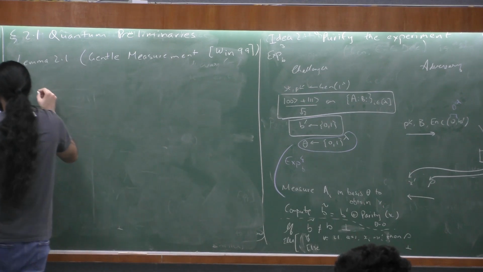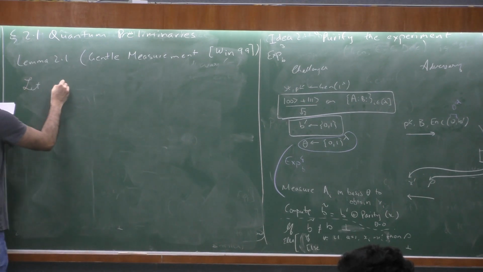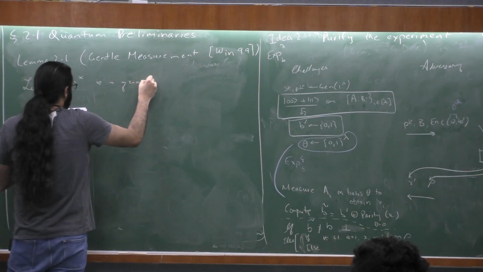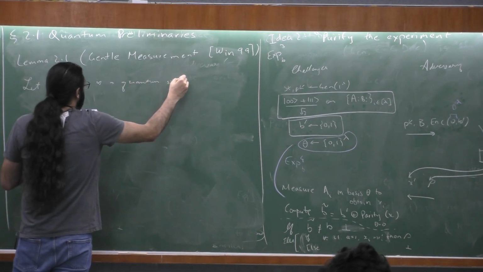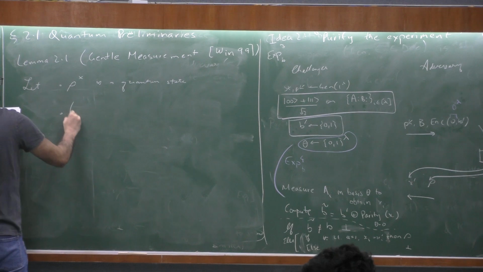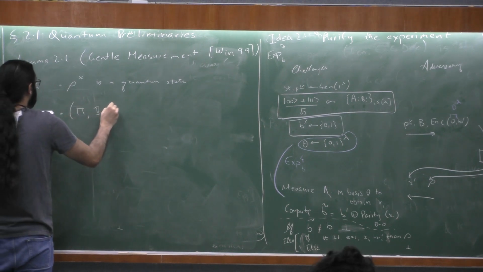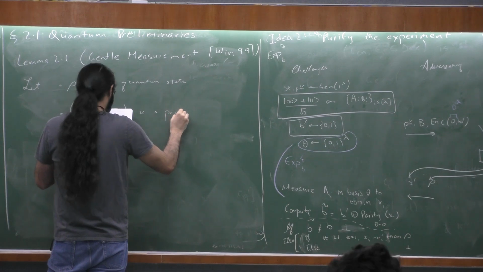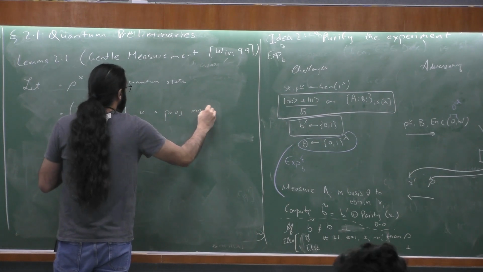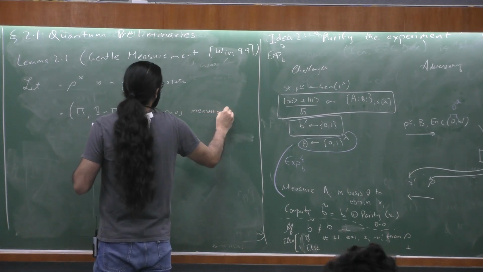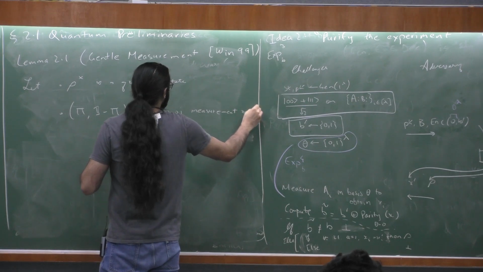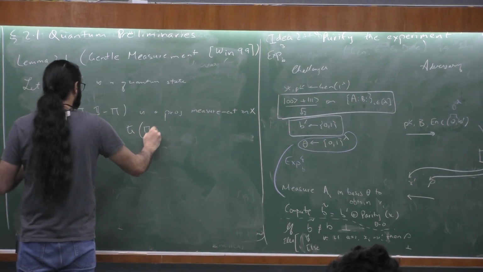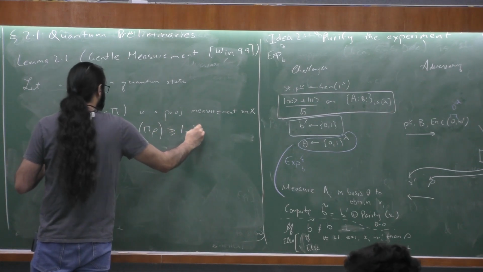It is as follows. Suppose that rho on x is a quantum state, and pi, identity minus pi is a projective measurement on x, such that the trace of pi rho is greater than 1 minus delta.